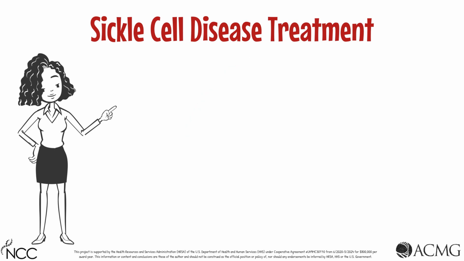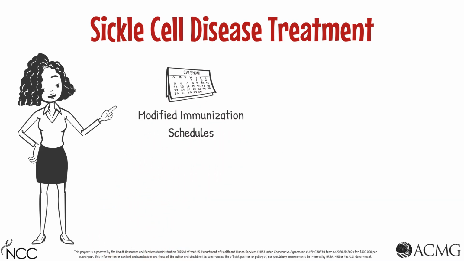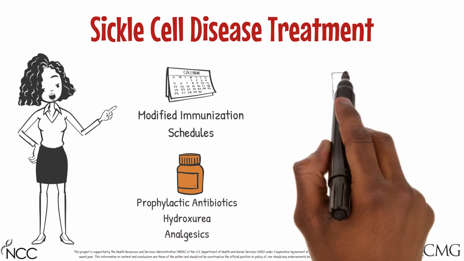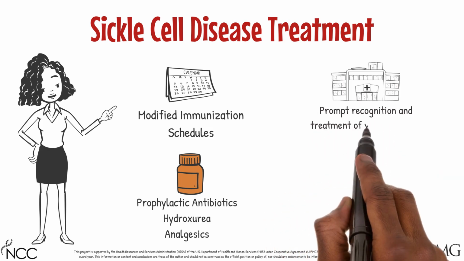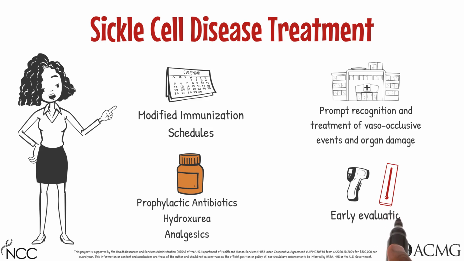This includes modified immunization schedules due to the increased risk of infection in those with sickle cell disease, prophylactic antibiotics to prevent the frequent infections, therapeutic medications such as hydroxyurea and analgesics, and prompt recognition and treatment of vaso-occlusive events. Urgent evaluations of fevers greater than or equal to 38.5 degrees Celsius or 101 degrees Fahrenheit, and early screening for organ damage are also important.